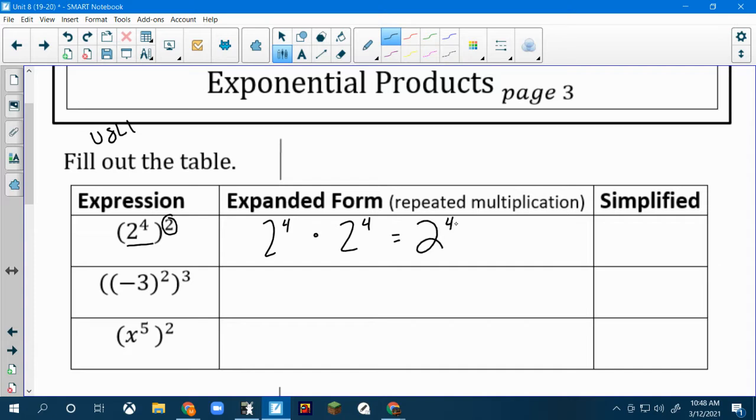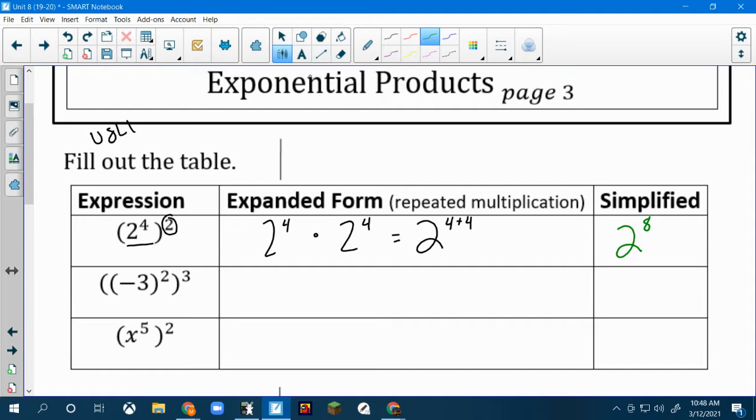So we end up with 2 to the 4 plus 4. Okay, what's 4 plus 4? Well, that equals out to 2 to the 8th. Not too bad. Remember, when we take a base and a power, we got to take whatever is inside that parentheses that many times. 2 to the 4th times 2 to the 4th.